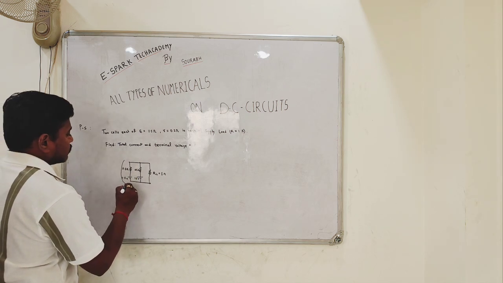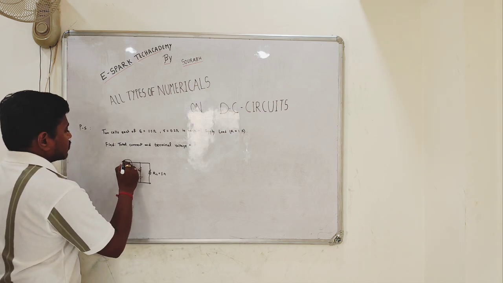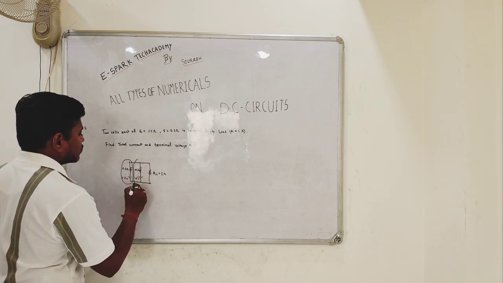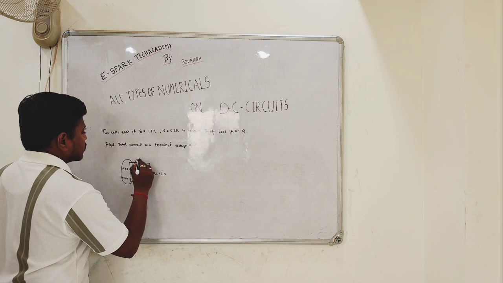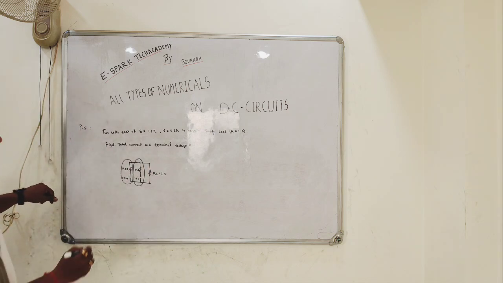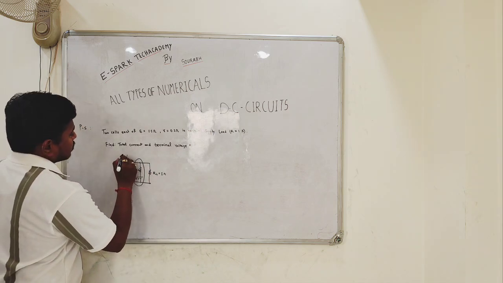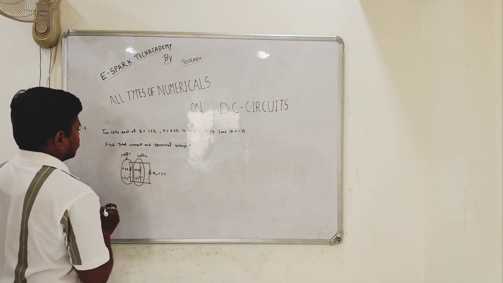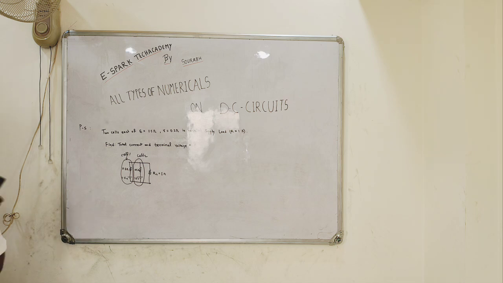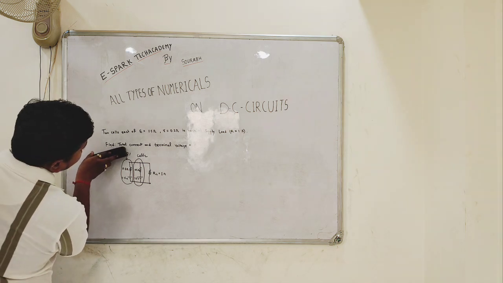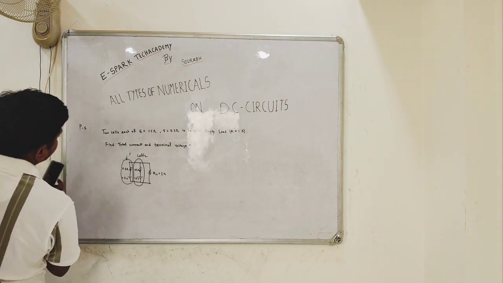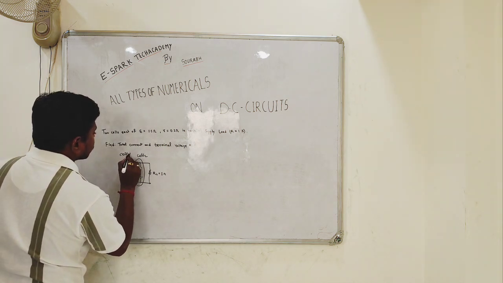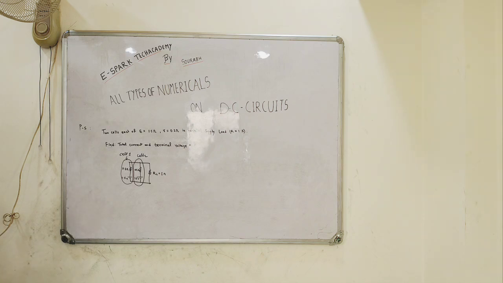This whole is one set, and this is the other set. This is cell 1, this is cell 2.